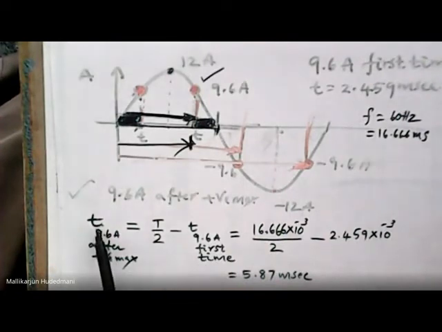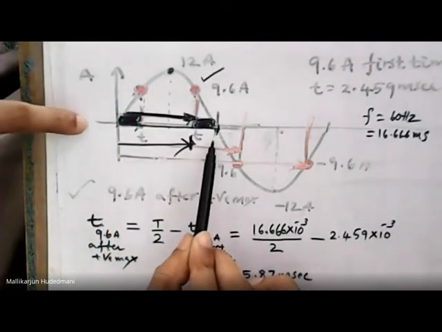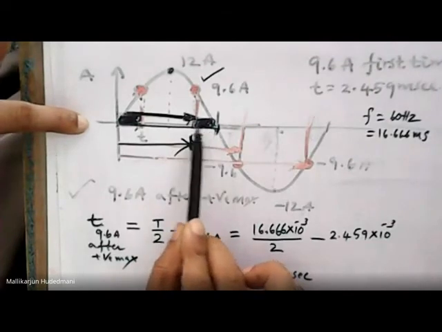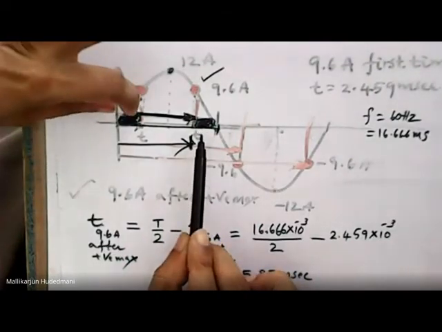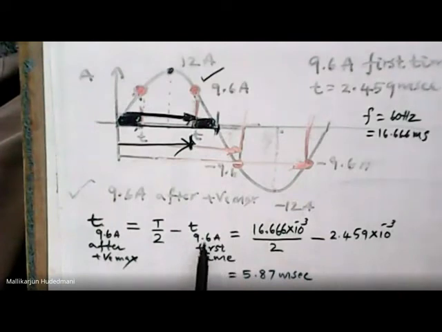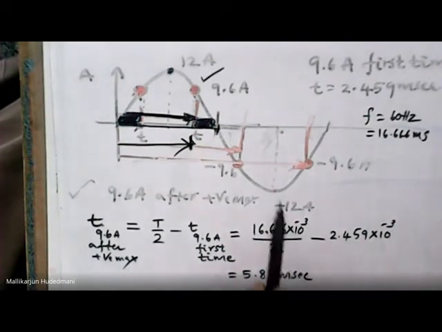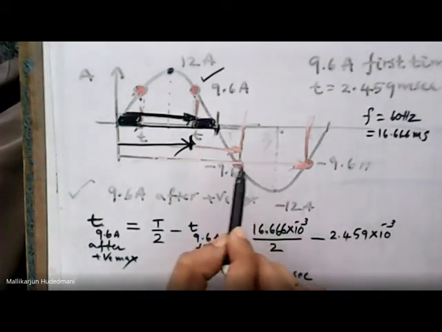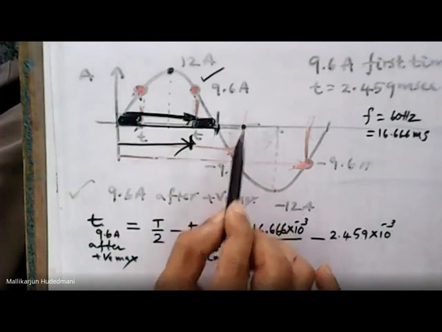The value of time for a certain quantity after its positive max is the half cycle time of that wave minus the quantity's first time of occurrence. Subtract that, and you will get the time of its appearance after the positive max.